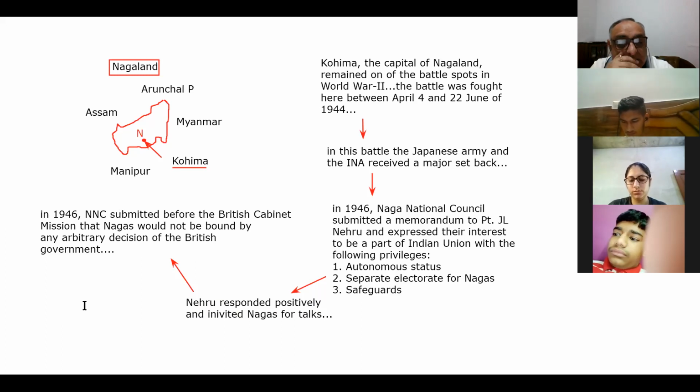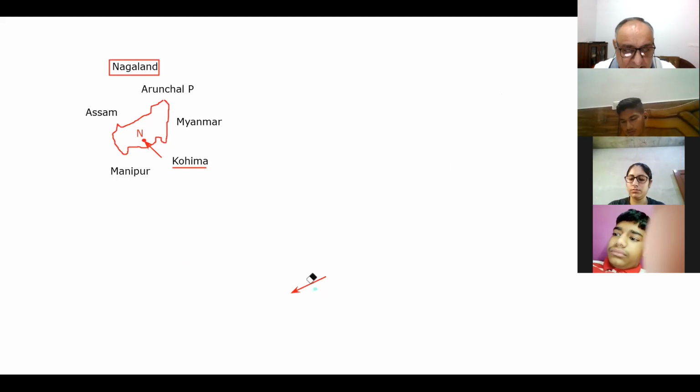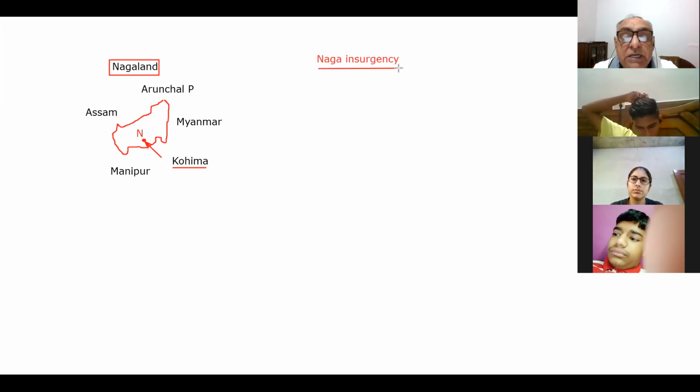So now we are moving on to the important part, which is the Naga Insurgency, a very important topic. As far as this Naga Insurgency is concerned, basically the main reason behind it is that Naga people are not happy with India.